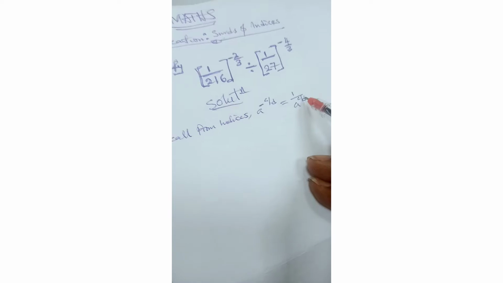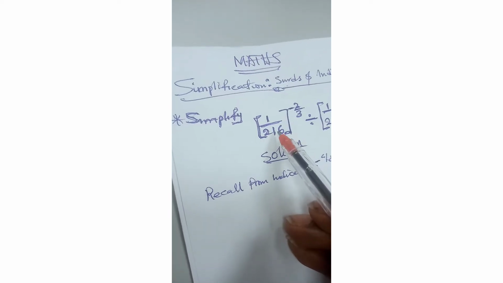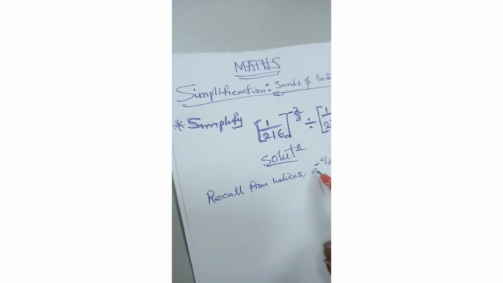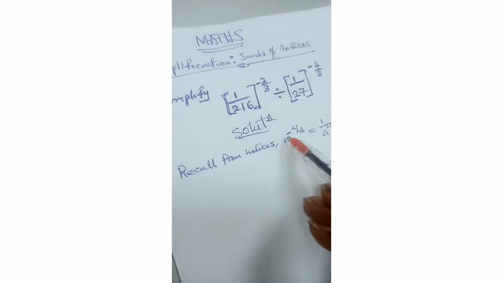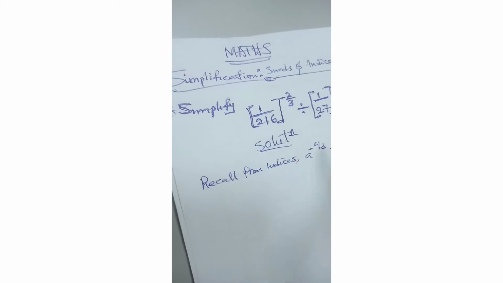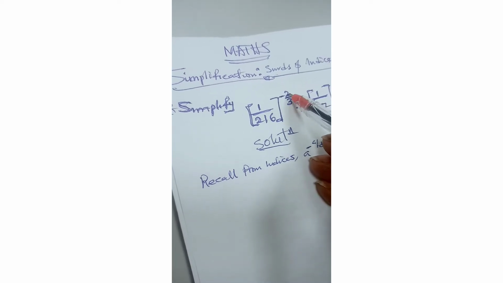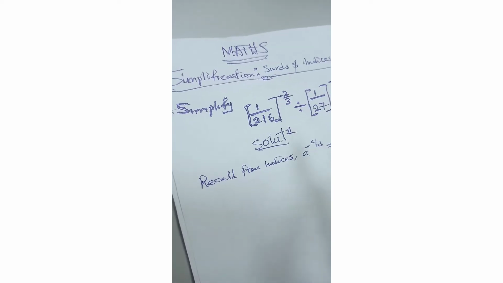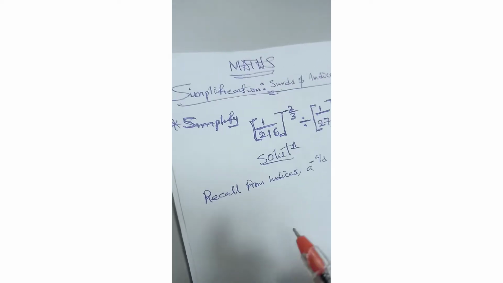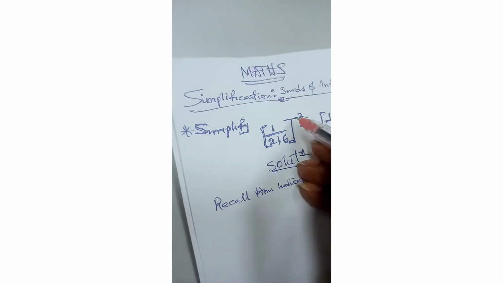Now if we apply the same thing to this one, this our 1 over 216 is the same thing as the a that is here. Now our c is the same thing as 2 and our d is the same thing as what? 3.